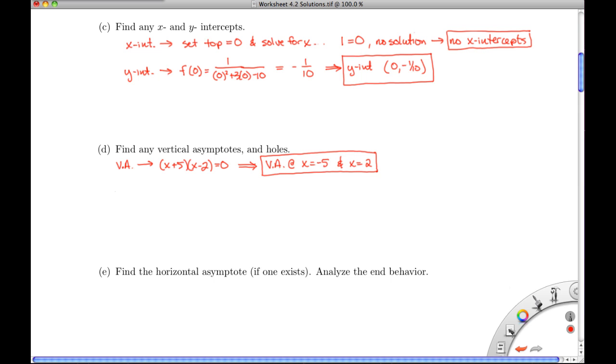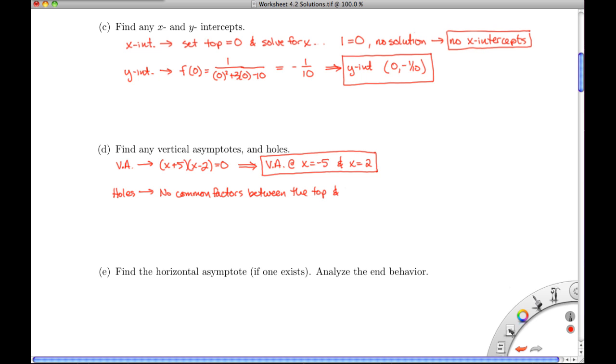Now for the holes, remember that we find holes by looking to see if there are any common factors or common zeros between the original numerator and denominator before any simplification occurred. Now in this case, there were no common factors or common zeros. So no common factors between the top and bottom.